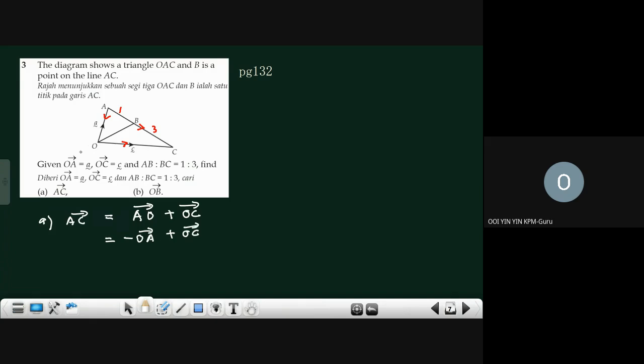Now OC, never mind, because we already made OC equal to c. Negative OA is your a, plus c. So you get AC equals negative a plus c. Done.